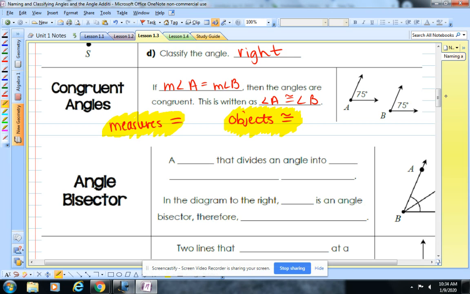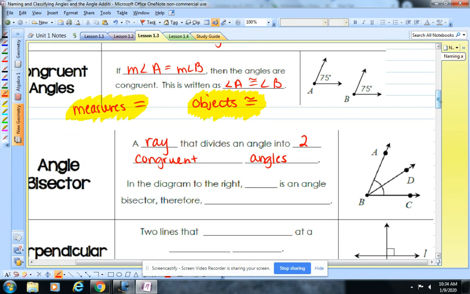Two equal parts. So an angle bisector is going to be a ray that divides an angle into two congruent angles. So an angle bisector makes two congruent angles, just like a segment bisector made two congruent segments.